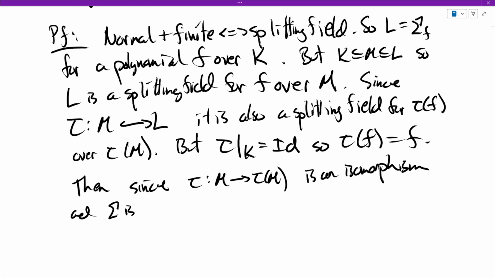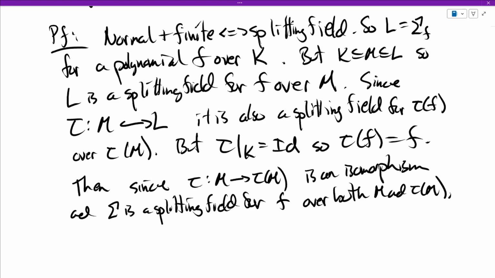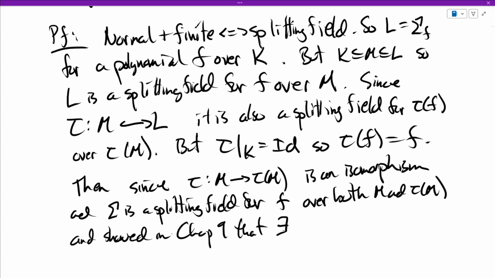And sigma F is a splitting field for f, which is also tau of f, over both M and tau of M. We proved in chapter 9 that when we have this scenario, there exists a sigma from the splitting field of f over M to the splitting field sigma prime of tau of f over tau of M, the image of f under tau.